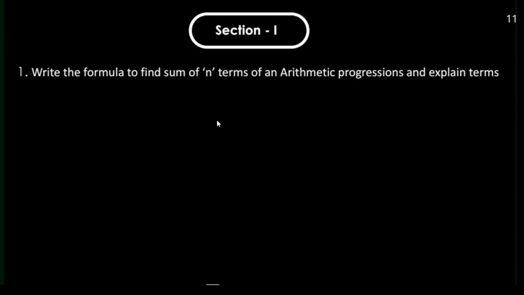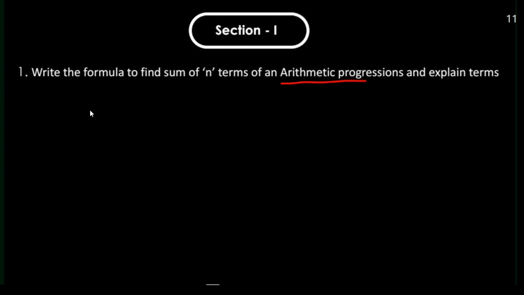Here the first question: write the formula to find the sum of n terms of an arithmetic progression and explain the terms. So he simply asked for the formula of AP, and asks us to write what exactly each term is.